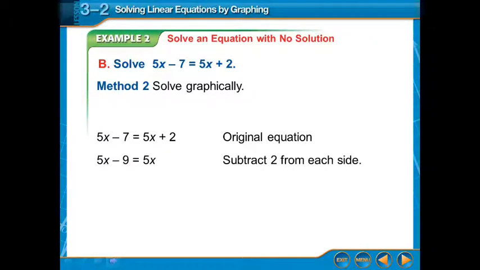Negative 7 plus a negative 2 is negative 9. If we subtract 5x from both sides of the equation, we get negative 9 is equal to 0. So that means that this particular line does not intersect at the x-axis.